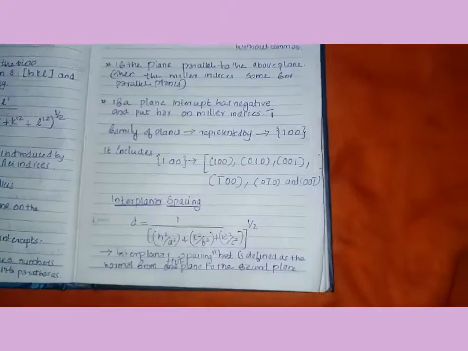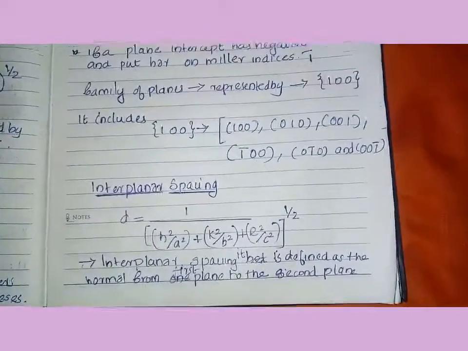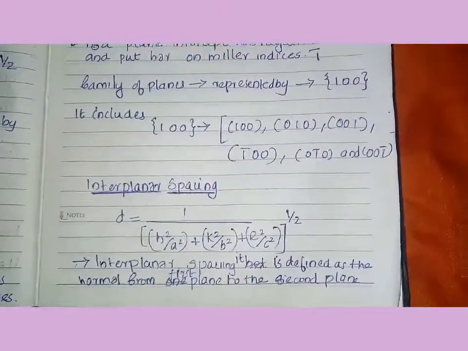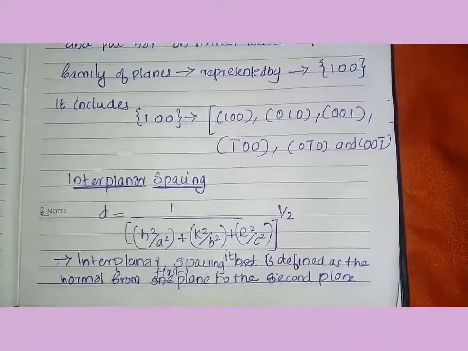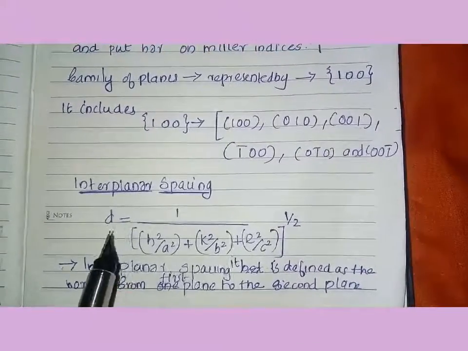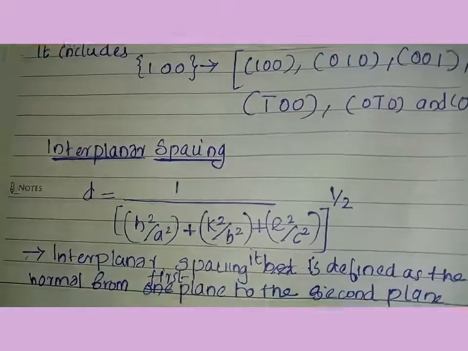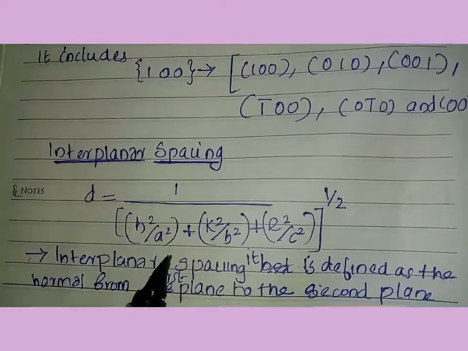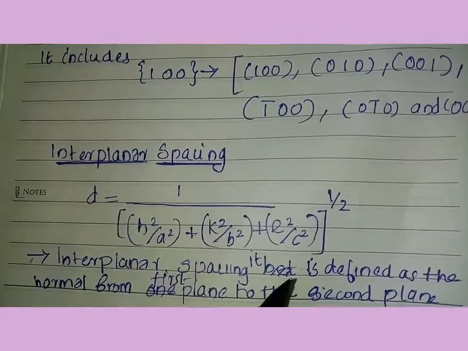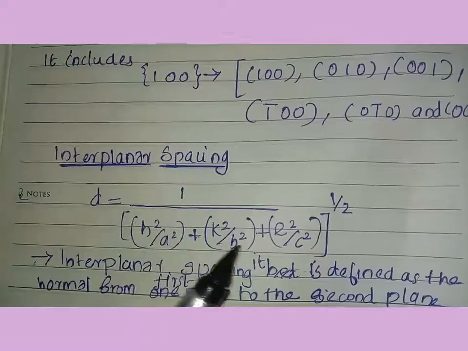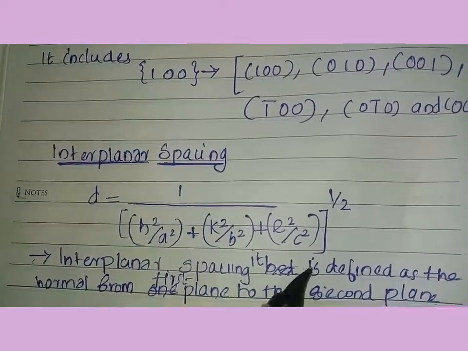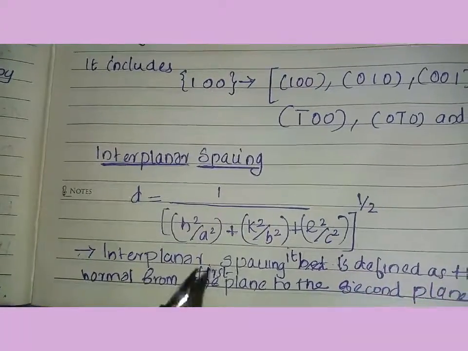What do you mean by interplanar spacing? Interplanar spacing is the normal distance between a plane and its adjacent plane, equal to 1 divided by the square root of (h²/a² + k²/b² + l²/c²), where h, k, l are the Miller indices and a, b, c are the lengths of the intercepts.